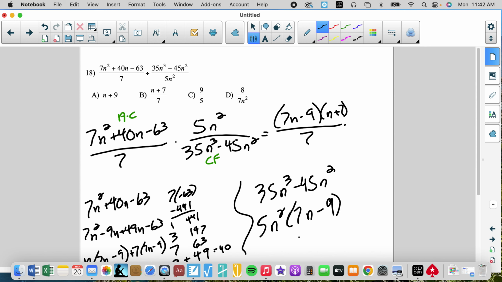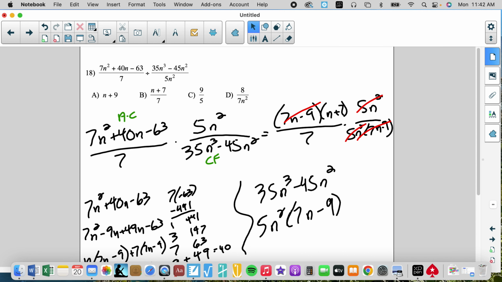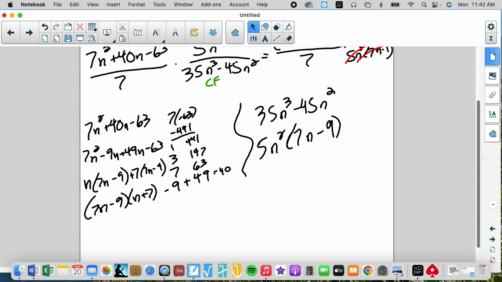Sorry about that. 5 goes into that. Yes, that's good. So it's times 5n squared over 5n squared, 7n minus 9. What's going to cancel? The 5n squared, 7n minus 9, and again, I have to move this down. Maybe I'll learn my lesson.